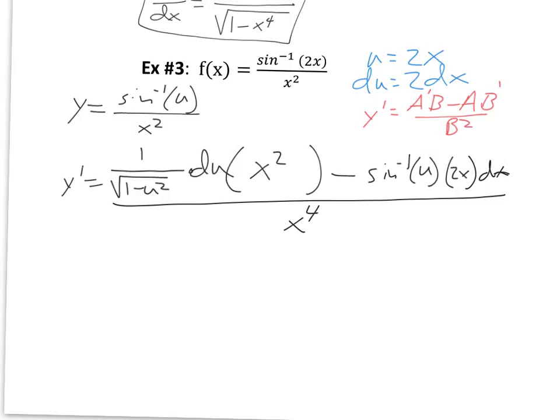Okay, now we can clean this thing up. We can just plug things back in, so let's do that. I got y prime equals, I'm just going to put the du and the x squared on top, because I'm just multiplying, so I can just put it on top. So du is 2 dx, but I'm going to leave the dx at the end, you'll see, and x squared. So I'm going to write 2x squared dx.